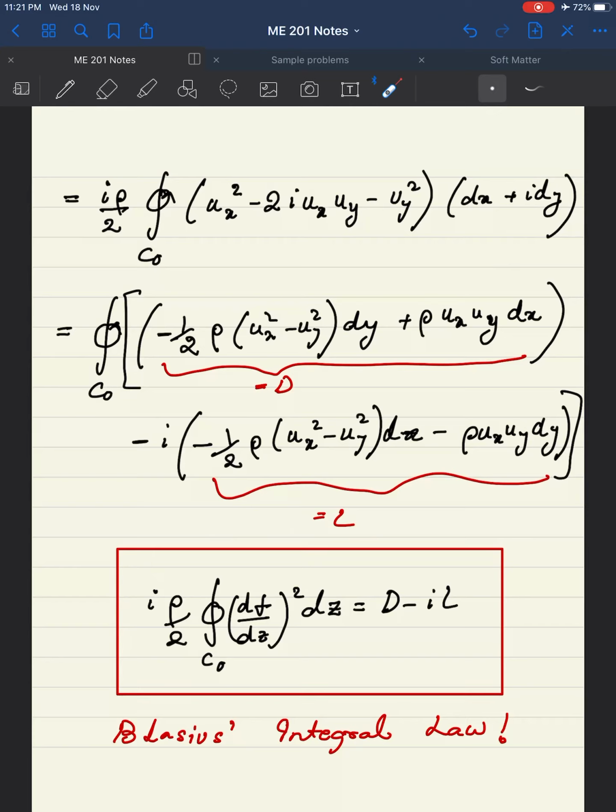But what we see is that the drag and the lift can again be written in a very simplified format if we especially use the complex form, and this now is a very simple integration to do. But unless you know complex integration, this is not that easy to do.